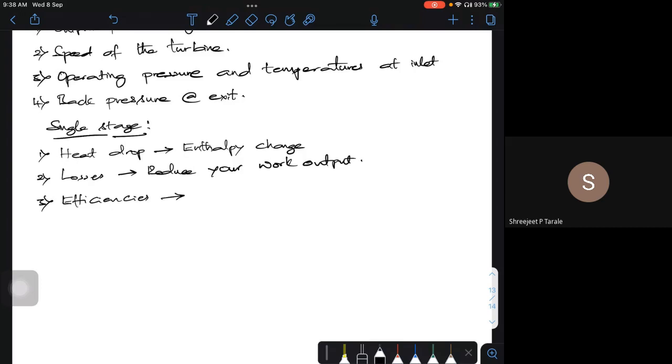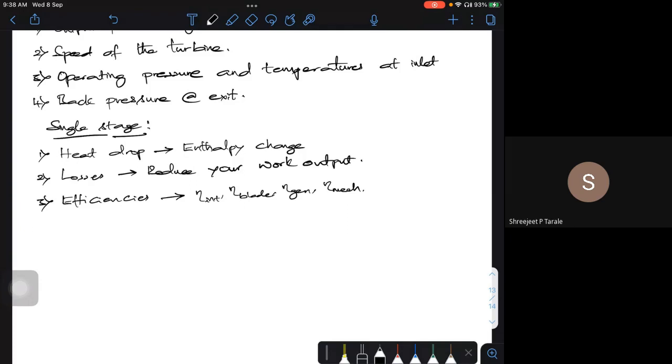What are the different efficiencies we come across? I think we have discussed the internal efficiency, mechanical efficiency, generator efficiency, all those things. Internal efficiency, your blade efficiency, your generator efficiency, your mechanical efficiency, all these efficiencies we have to look at.